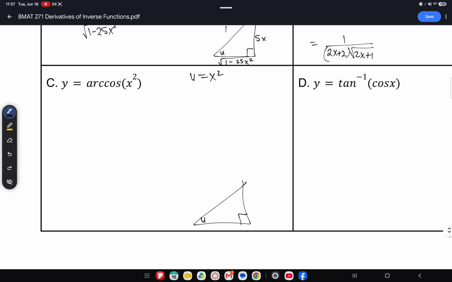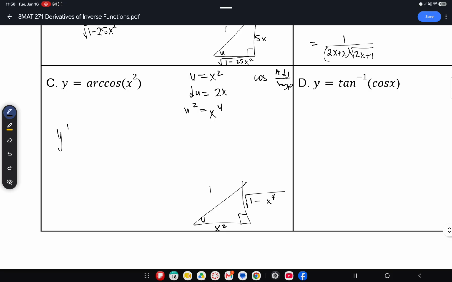So cosine is adjacent over hypotenuse, so x squared over 1, which means this one here is going to be 1 minus this x squared squared, which is x to the 4th. So then my derivative of u is 2x, and my u squared is x to the 4th.